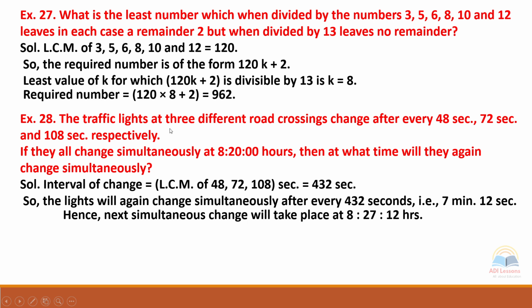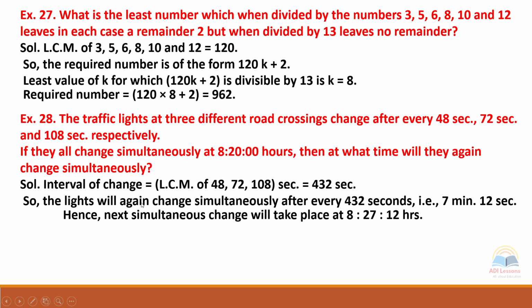The traffic lights at 3 different road crossings change after every 48 seconds, 72 seconds and 108 seconds respectively. If they all change simultaneously at 8:20 hours, then at what time will they again change simultaneously? Interval of changes equals LCM of 48, 72, 108 seconds, that equals 432 seconds.